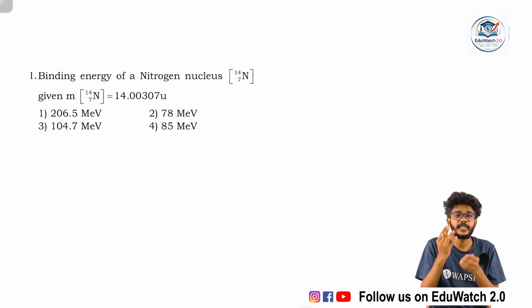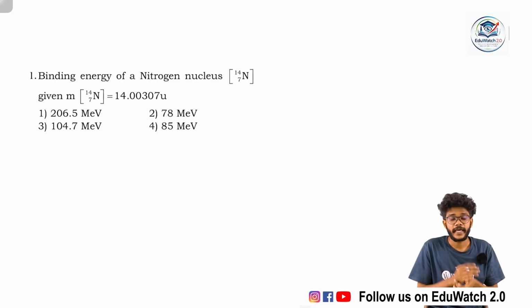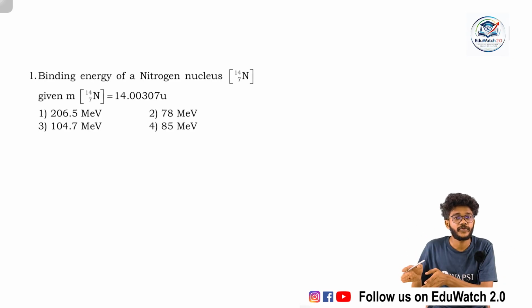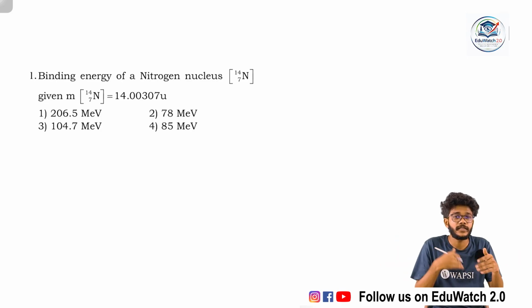The number of neutrons is multiplied by the mass of a neutron, and we get the total mass of neutrons. Then the number of protons is multiplied by the mass of a proton, and we get the total mass of protons. We add the mass of protons and the mass of neutrons, but the actual mass is just less than this calculated mass.